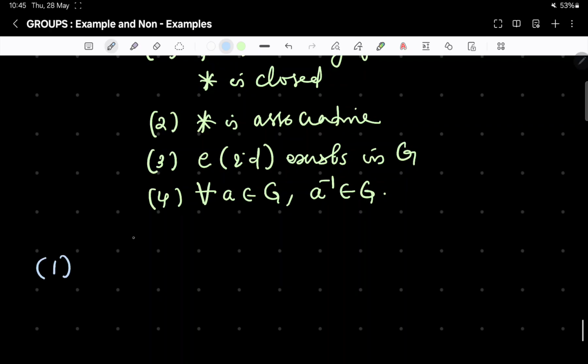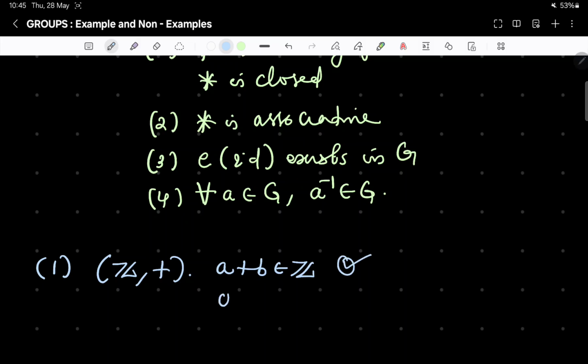So first example is our motivating example, which is integers under addition. So here we can see that associativity is there. Also it is a binary operation. For any 2 integers you take, a plus b is again going to be in integers. Now 0 acts as identity.